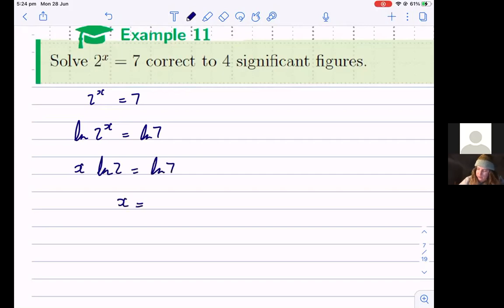So we've got x equals ln 7 over ln 2, and we chuck it in our calculator. 4 significant figures. So we've got 2.80735, etc. 4 significant figures is 4 numbers from the first number that's not 0. And round if you need.